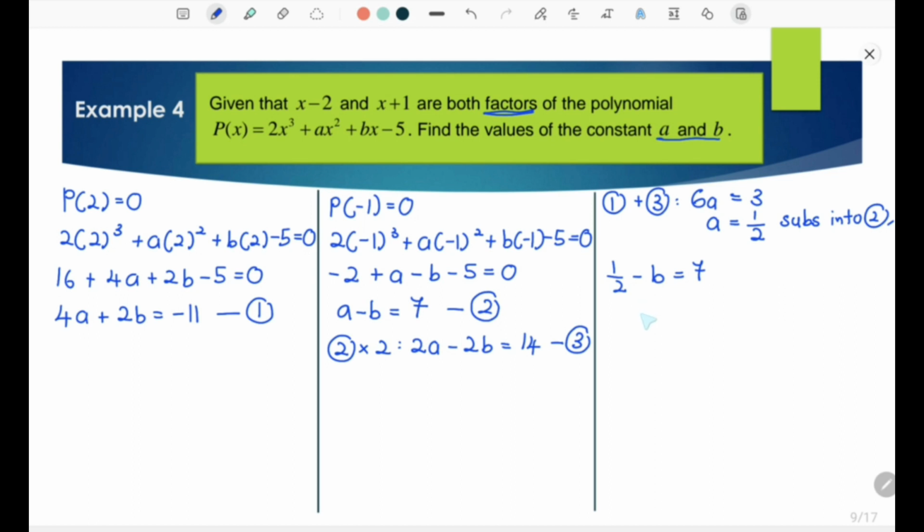So we have -b equal to 7 minus 1/2. Then b equal to -13/2. Therefore, a equal to 1/2 and b equal to -13/2.